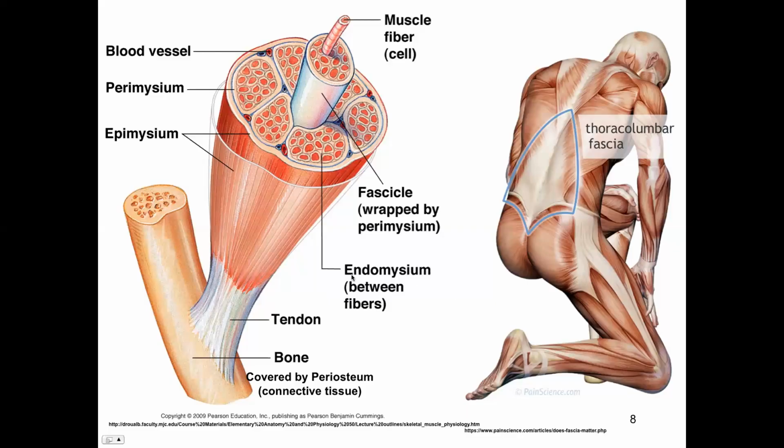Obviously, capillaries have to be able to penetrate this to feed these incredibly long cells when we're talking about skeletal muscle. So this is perforated by these connections with circulation and with nervous input. Hopefully that makes sense.